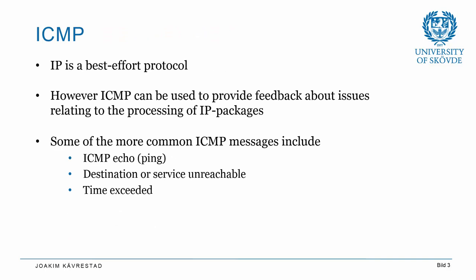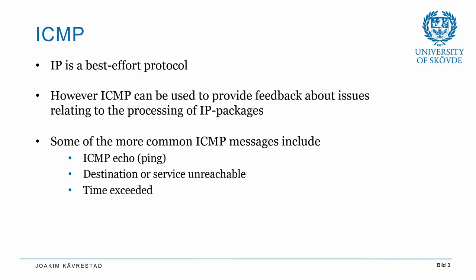So first of all, I want to mention ICMP, and as you remember from last lecture, IP is a best effort protocol. However, you can use the ICMP protocol to provide some feedback about issues relating to the processing of IP packages. So while I said that IP provides no error checking, we can get some error checking by using ICMP.